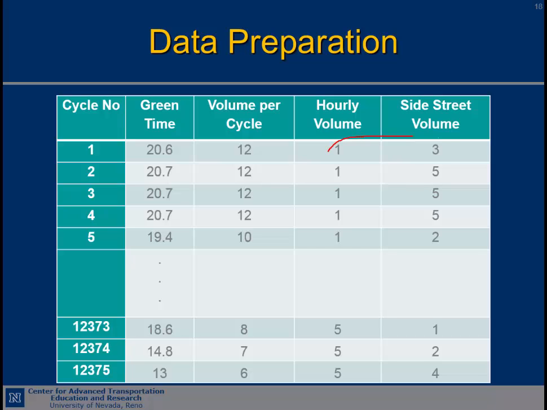But we don't have these two parameters, so instead of using exactly the volume, we use numbers from 1 to 5, 1 showing the least traffic and 5 showing the highest volume that can happen on that street. This hourly volume is our dependent variable, and the other parameters can be used as independent variables.